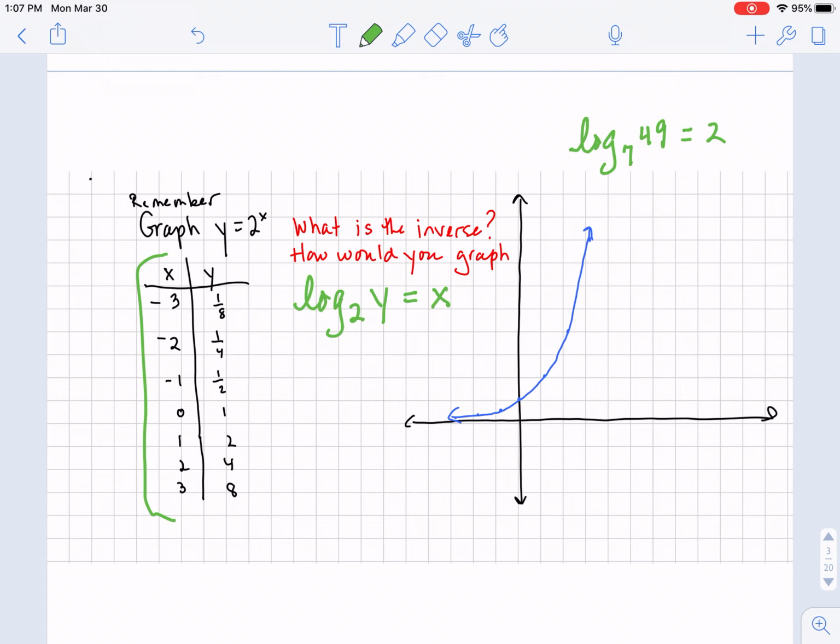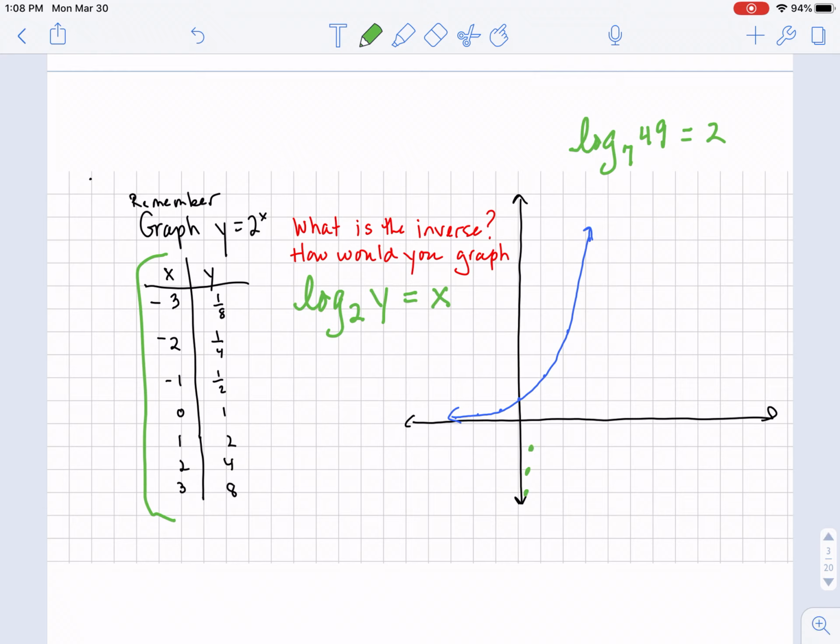So if I was to graph that, really all I would do is switch up the x's and the y's. In other words, rather than graph the point -3, 1/8, I'm going to graph the point 1/8, -3. Then the point 1/4, -2. Then 1/2, -1.